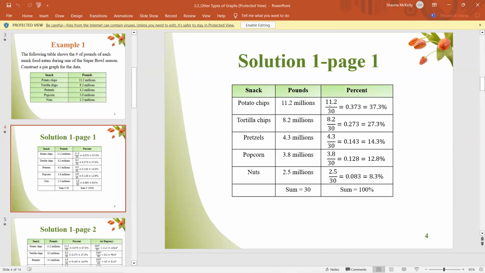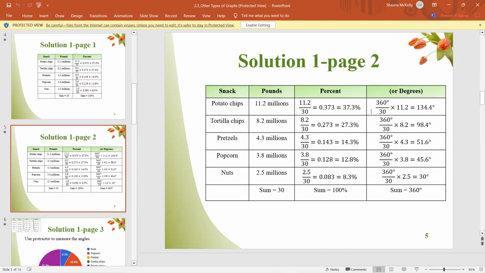So what she said to do here, but the math works out the same, is to convert to your percentages. So you take your category frequency over the total, and then you multiply that by 360.